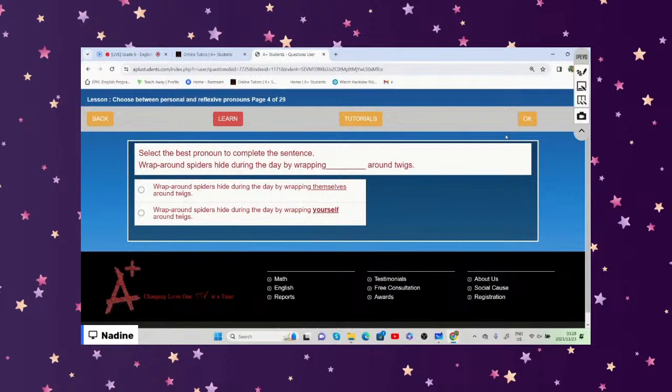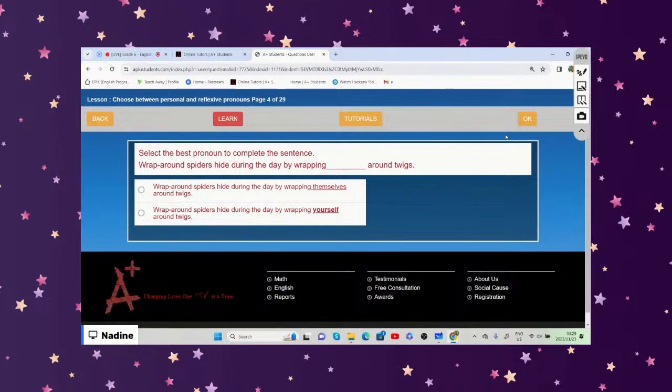"Wraparound spiders hide during the day by wrapping themselves around twigs," or "wrapping yourselves around twigs."